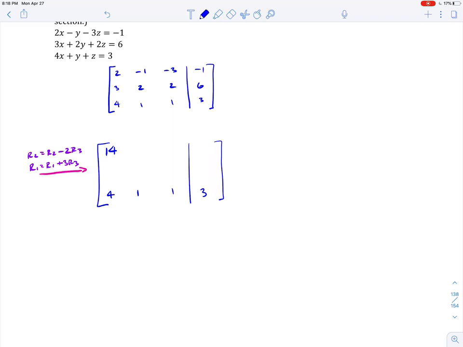So I need row 1 plus 3 of row 3. 2 plus 3 4s is like that many. This plus 3 of those. And I need this plus 3 of those. Whew, I got that 0 that I wanted. Oh, and this plus 3 of those.